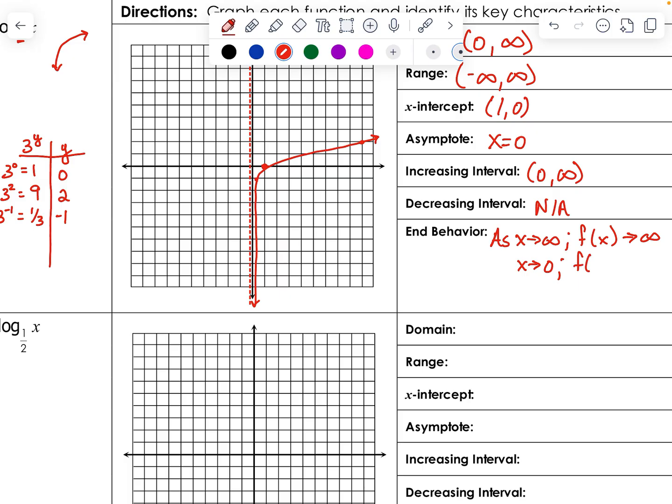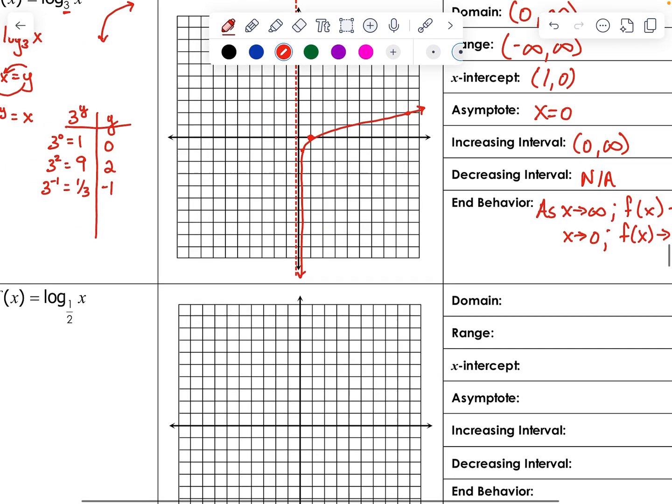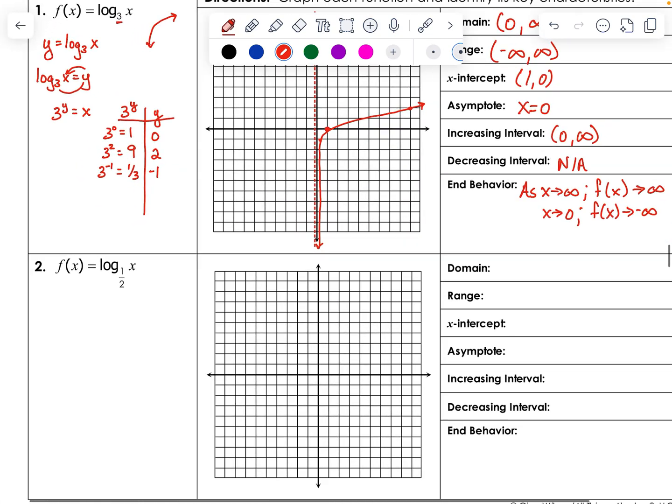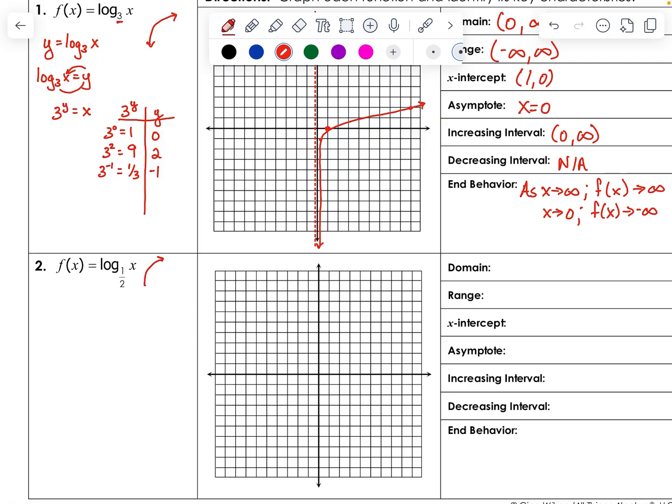And when my x values are approaching 0, my graph is going to negative infinity. Okay? Now, the next one is a little bit different because it seems like it would go like this. But this changes that. So we'll see what happens here in a second.